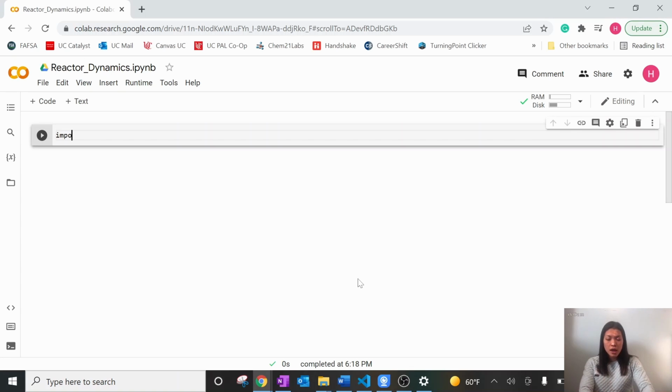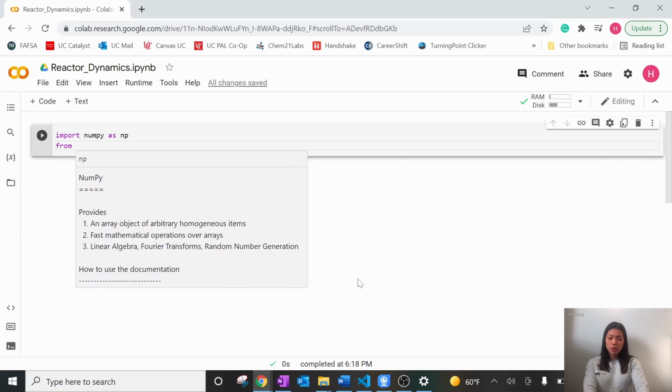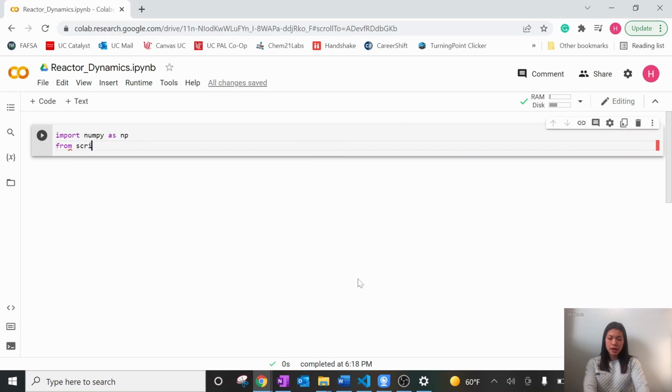So the one for the mathematical functions is numpy. So we're going to import numpy, N-U-M-P-Y as np. We also want to import from scipy.integrate. We are going to import solve_ivp, and this is going to allow us to solve a function for a set amount of time with initial conditions.